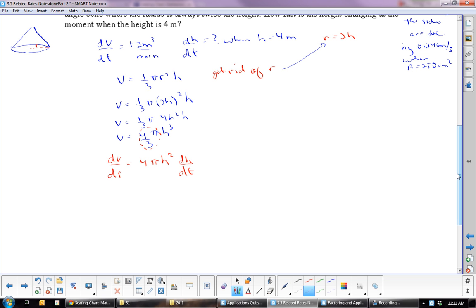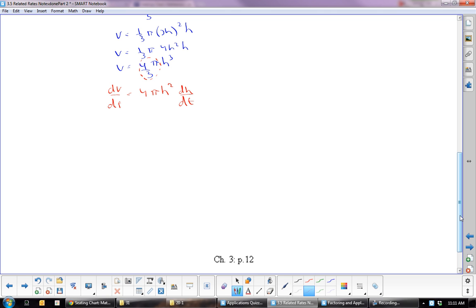Okay, do I need a snapshot? You don't even need a snapshot for this one. You've got everything you need, and that happens a lot when you're dealing with circles, cones, that sort of thing, spheres.